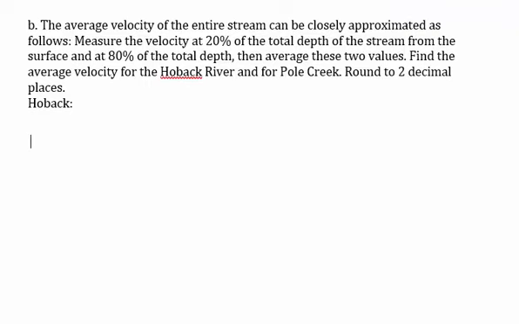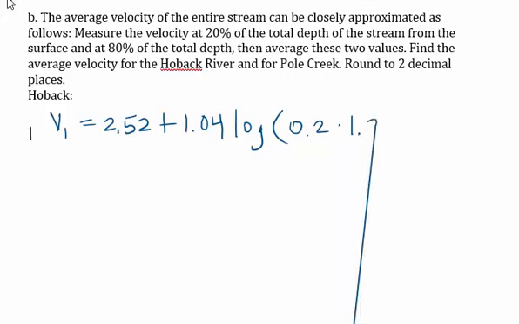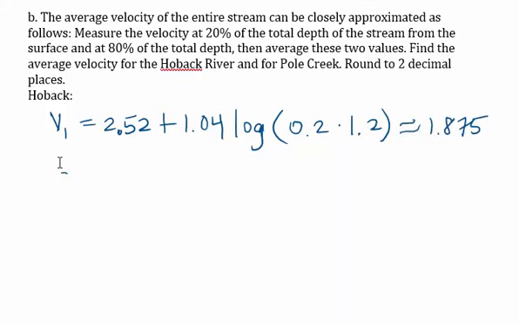Okay, so again, we're going to find a couple of velocities. So V1 is equal to 2.52 plus 1.04 log of D, and in this case 20% of the depth is going to be 0.2 times 1.2, which is about 1.875.